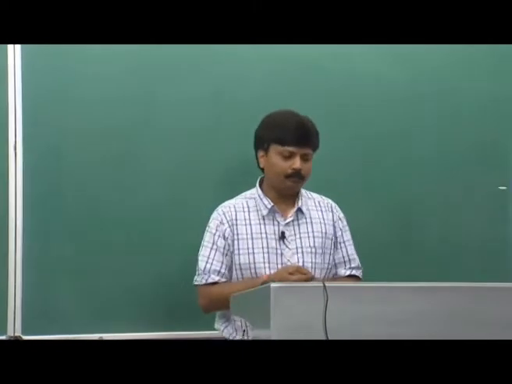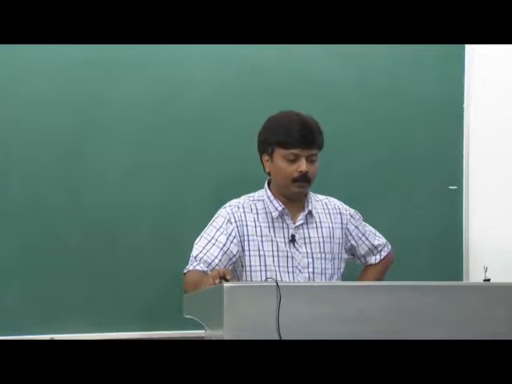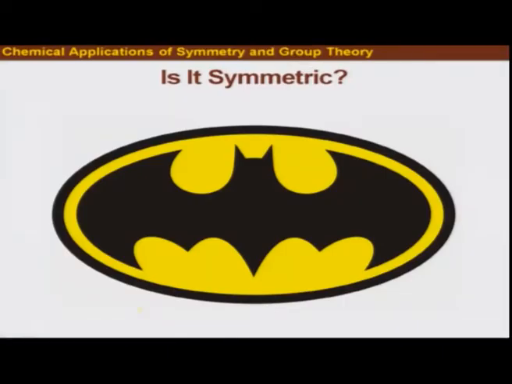Let's have a look at some of the other structures that we can think of. You obviously know this one is a famous symbol in the Batman movies, right? This is a picture of a bat seemingly. Looking at this, you can say there is some sort of symmetry. Why?